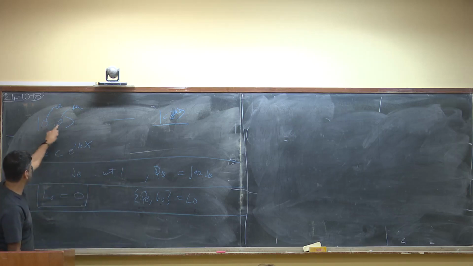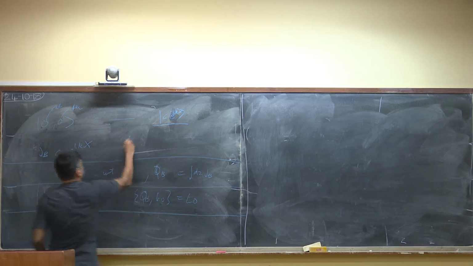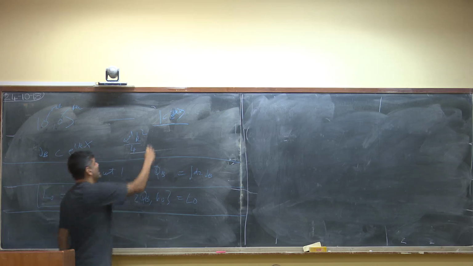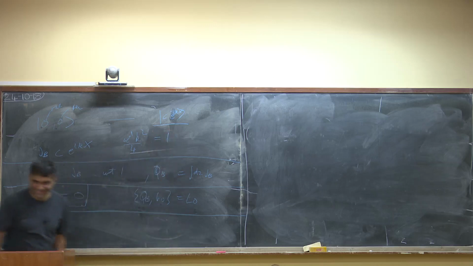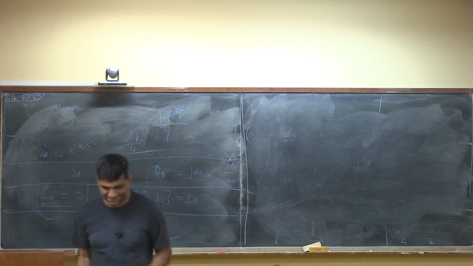The vacuum has L0 equals -1. States of this sort can have L0 equals 0 provided alpha prime k squared by 4 is equal to 1. So this L0 equals 0 will give you the mass shell condition.